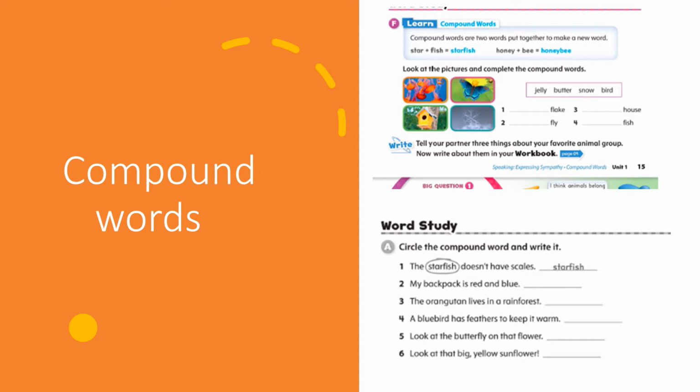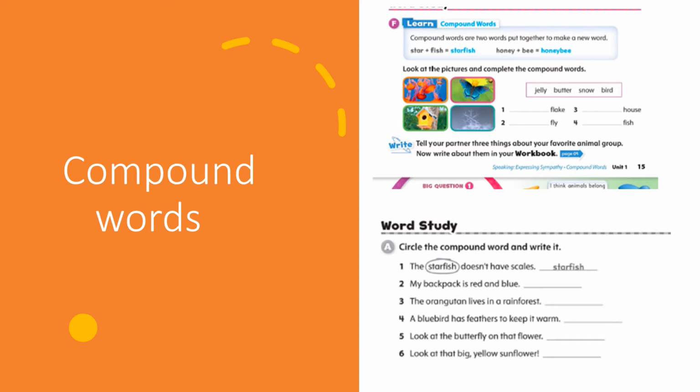Okay? Number 3, the orangutan lives in a rainforest. So which one is the compound word? Orangutan? No, rainforest. Circle rainforest and write rainforest in the blank.